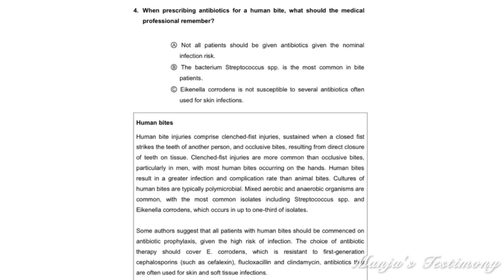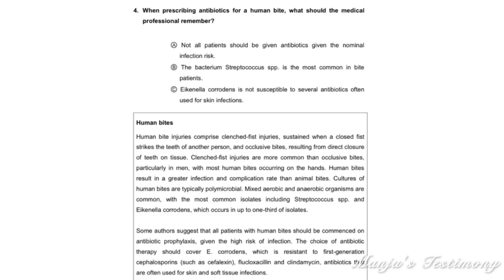Not all patients should be given antibiotics given the nominal infection risk. The bacterium Streptococcus species is the most common in bite patients. Okay. Eikenella corrodens is not susceptible to several antibiotics. So we can possibly find out the answers from the keywords here, because we have seen the word Eikenella corrodens somewhere, Streptococcus bacterium somewhere in the text, and not all patients should be given antibiotics.